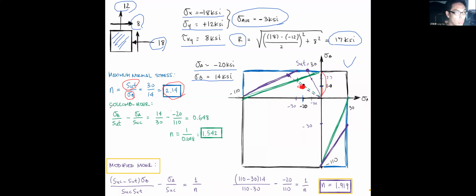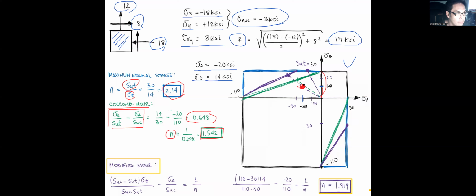And if we use the Coulomb-Mohr criteria, you still remember this relation, we can figure out this value equals 0.648, and its safety factor equals 1.542.